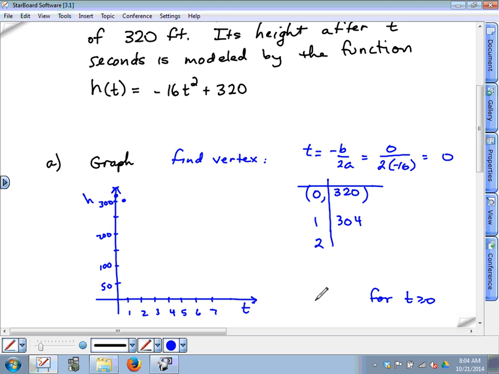So 320 minus 64. Come on, don't make me do all the work here, you guys. It's 320 minus 64. 256. So after 2 seconds, we're about 256.